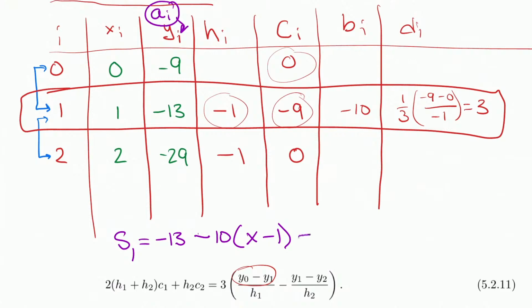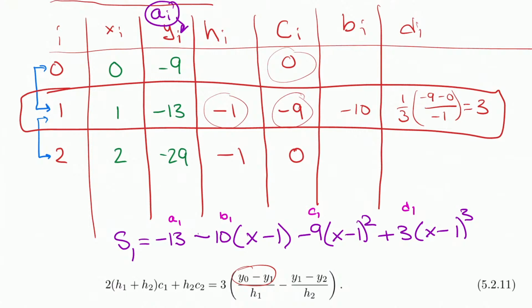I will be super depressed if it doesn't. Then x minus 1 squared, and then plus 3 times (x minus 1) cubed. So just so that you can navigate this, if you're wondering where all this is coming from: this is A1, this is B1, this is C1, and this one is D1.